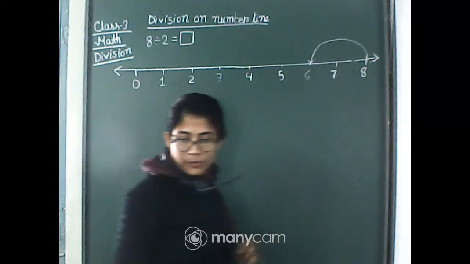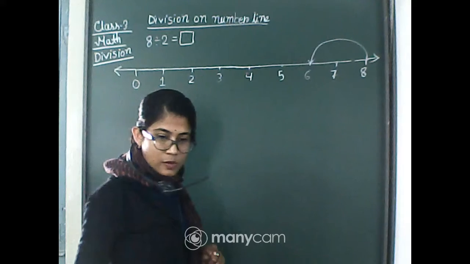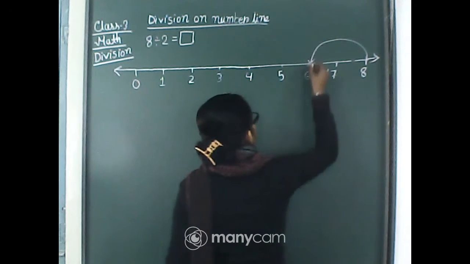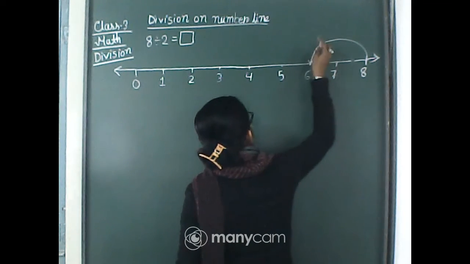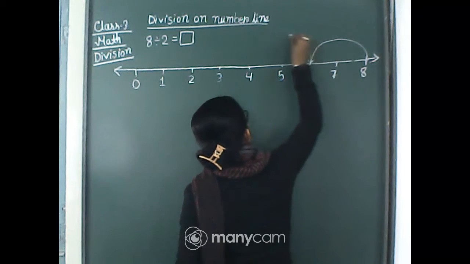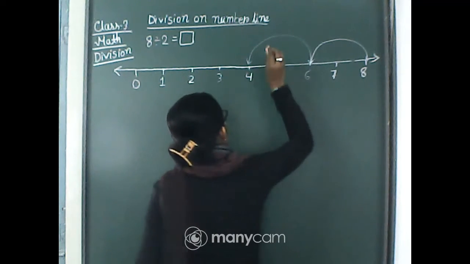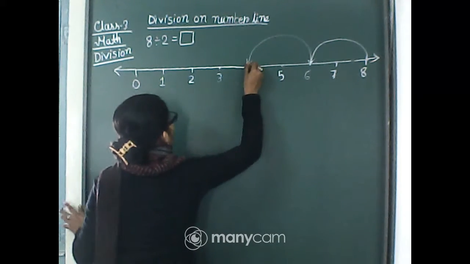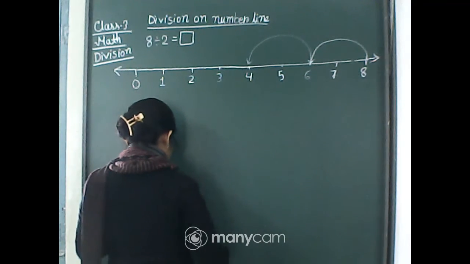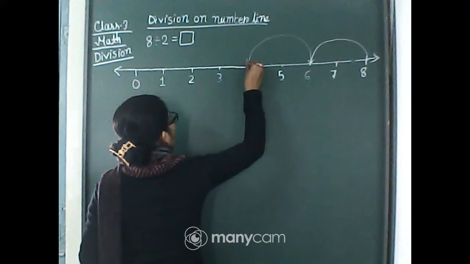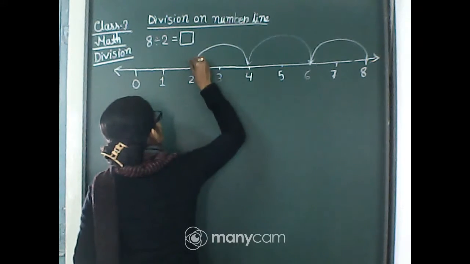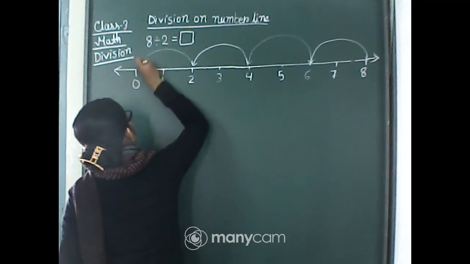So here you have to come. Then again if you subtract 2 from 6 you come to 4, and once again from 4 it comes to 2, and from 2 it's 0.